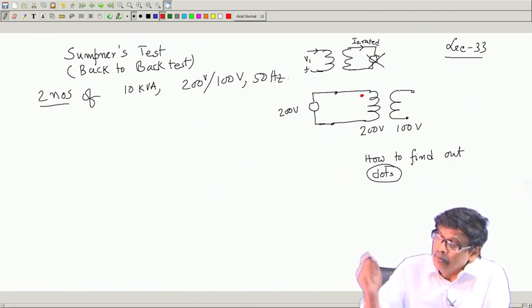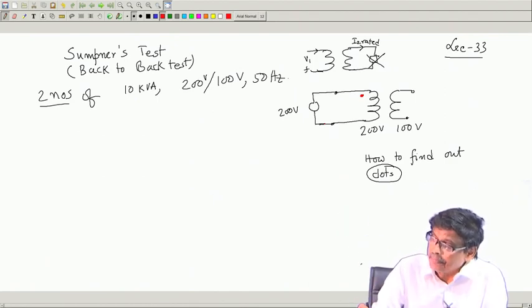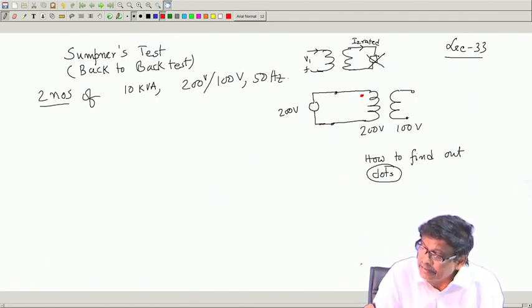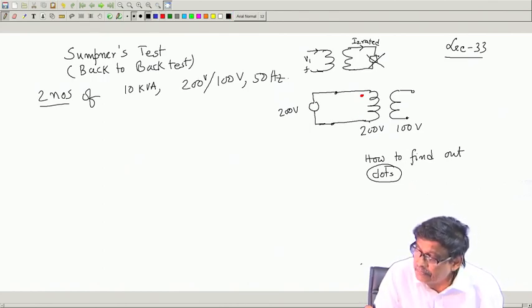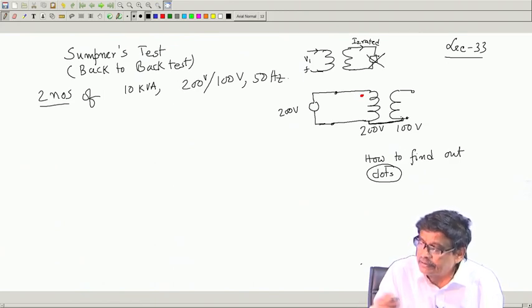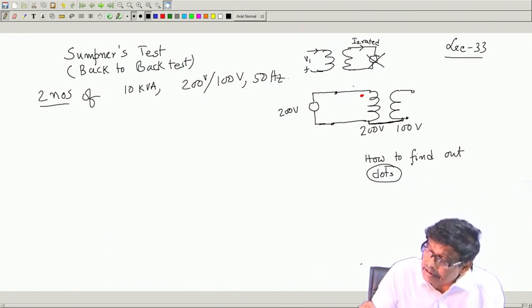Okay. Now, in this diagram, what you do is this: you short these two terminals, take a piece of wire, connect these two terminals and take a voltmeter, connect it here.